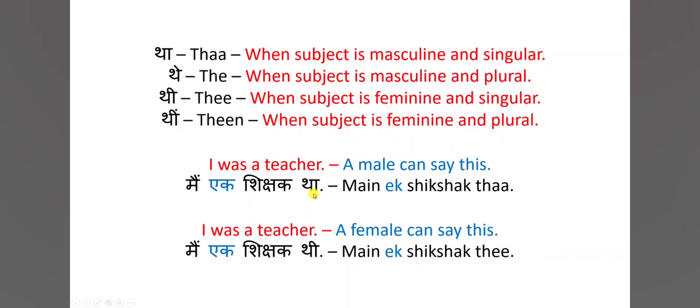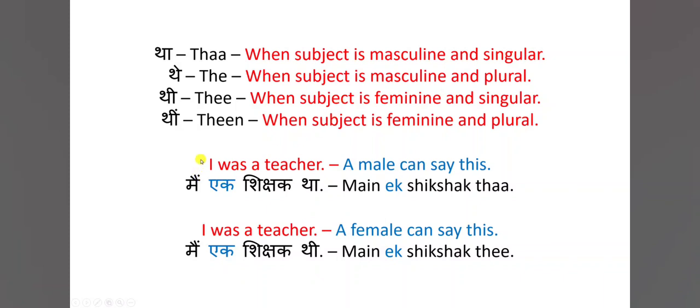Next, if a female wants to say this, I was a teacher, then she will have to say मैं एक शिक्षक थी. मैं एक शिक्षक थी in Hindi. मैं is I, एक is a, शिक्षक is teacher, थी is was. Thi is used since the subject is a female and is singular.